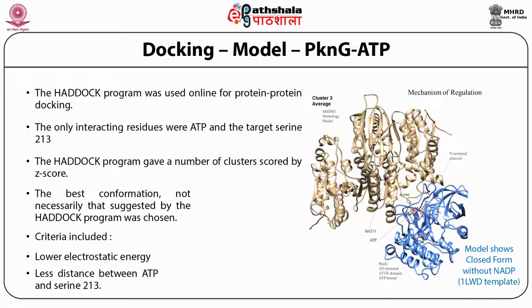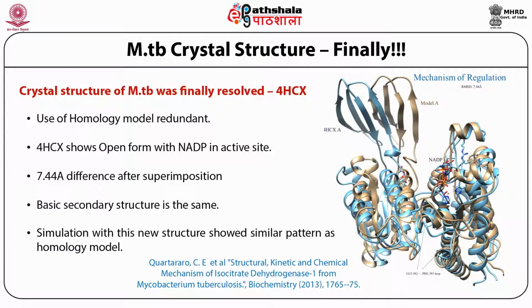By the time we worked on this, the crystal structure was revealed. Our model was superimposed with the crystal structure. If you look at these two, you can see, with the blue being the crystal structure, that the differences in structural features are predominantly in the lid, which I was talking about earlier.